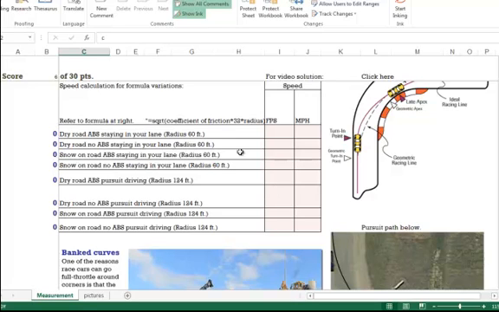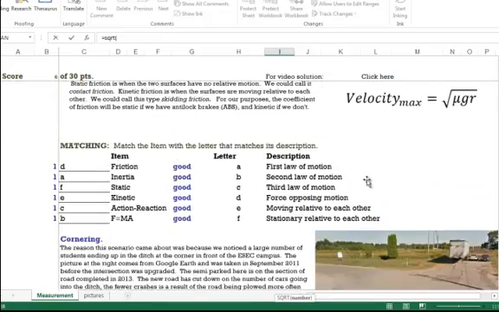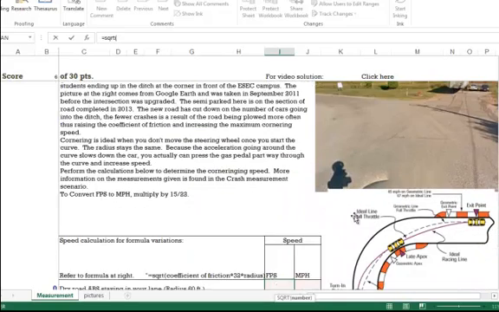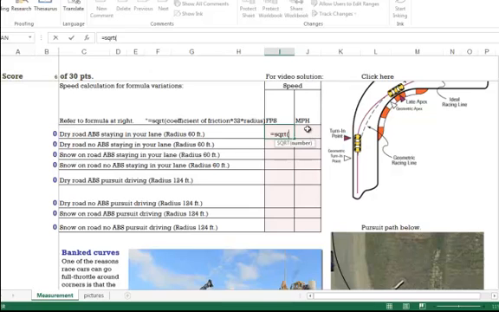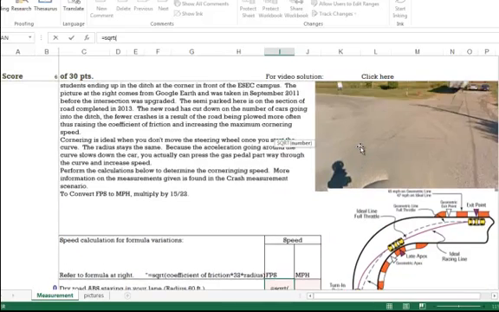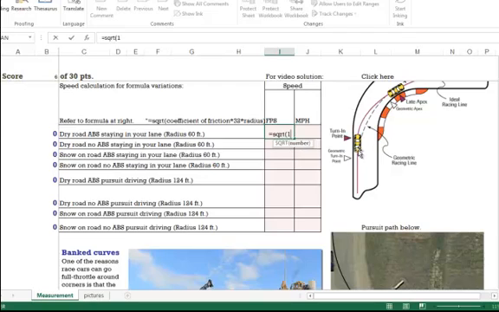So the first one that we're going to do, and if you notice here, we have the formula for Excel: equals square root of the coefficient of friction, so dry road with ABS is 1, times 32, because that's gravity, times 60.